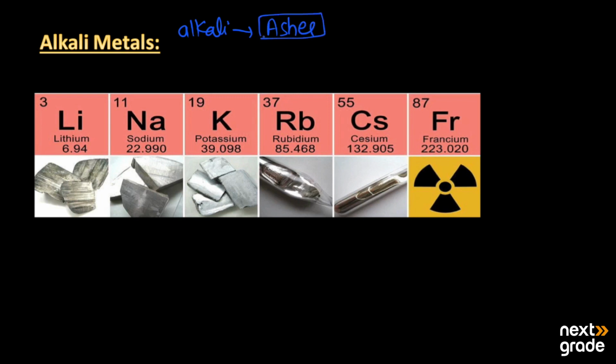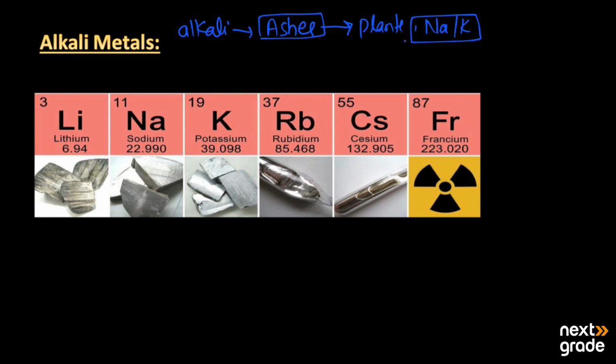The Arabs used the word ashes for these metals because they were found in the ashes of the plants, and they were composed chiefly of sodium and potassium. So that's why they are known as the alkali metals.